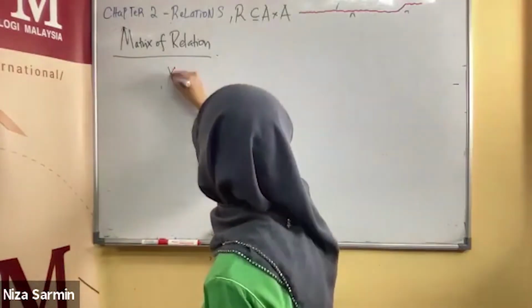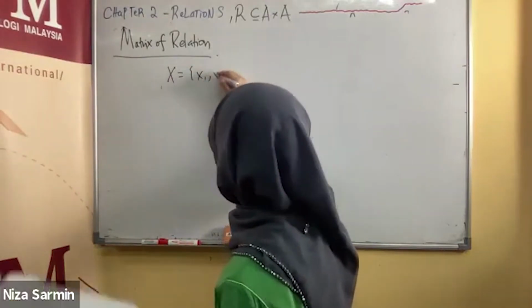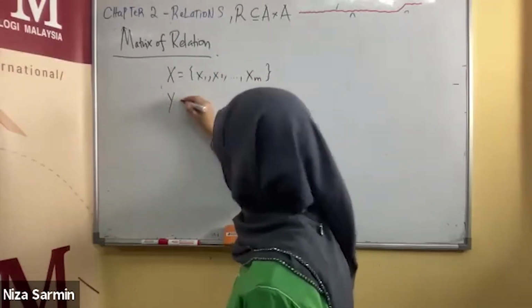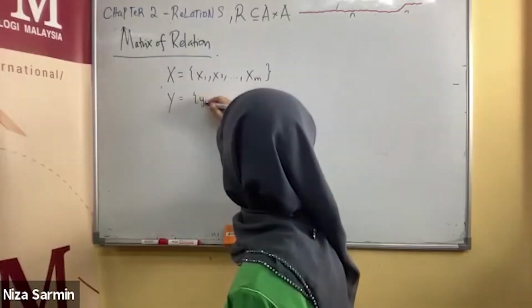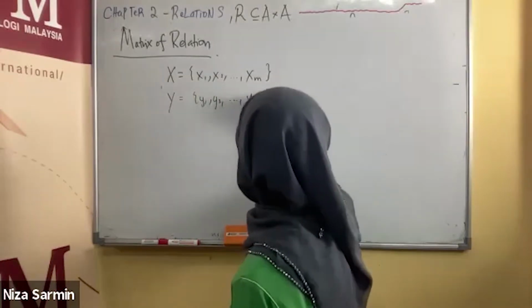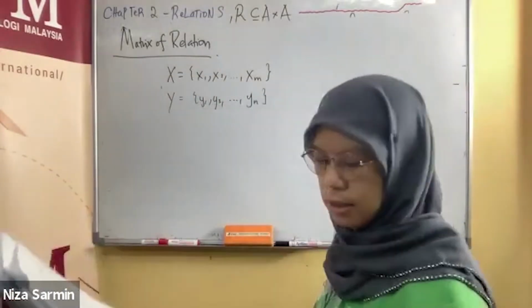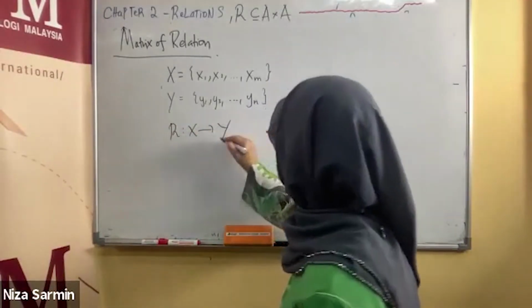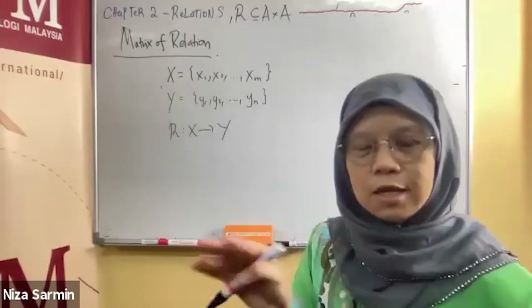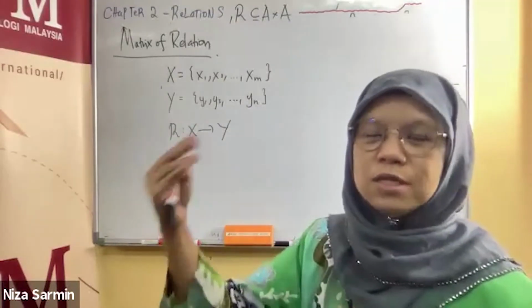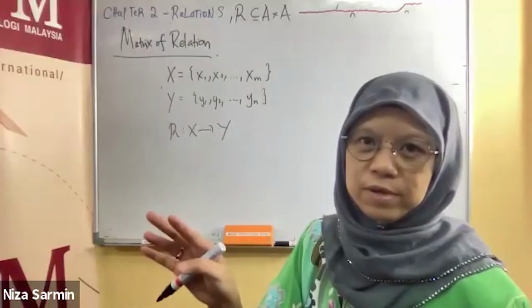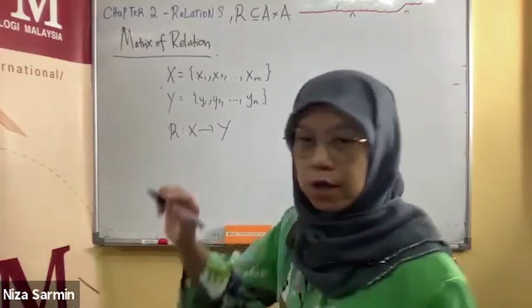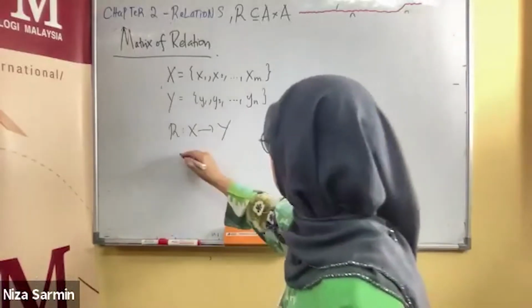Now you have a set X until M, you have a set Y until N, and you have a relation from X to Y. Just now, the sets X and Y were the same. That's how you can do symmetry. They cannot be different because they have to map. But this one is different, from X to Y. It can be any two different sets.